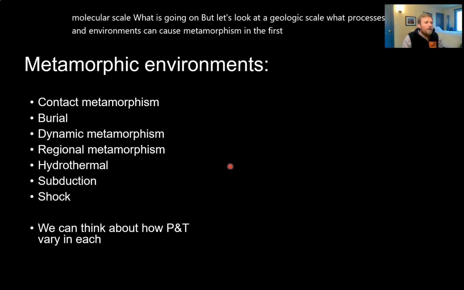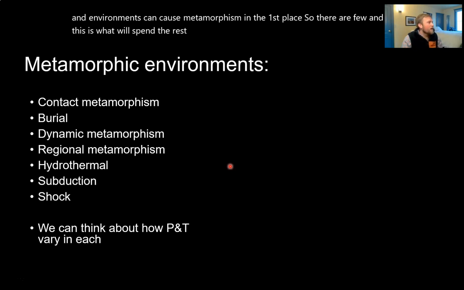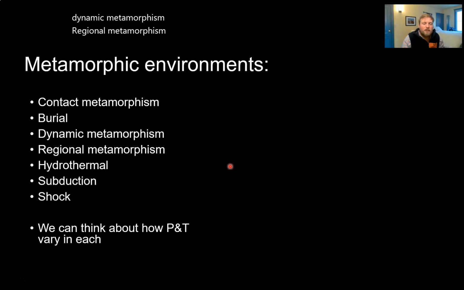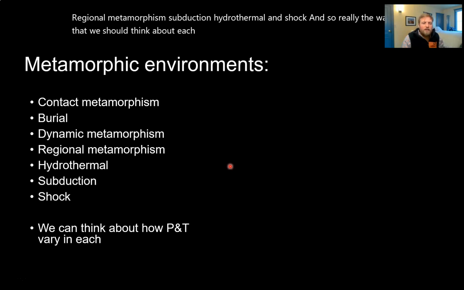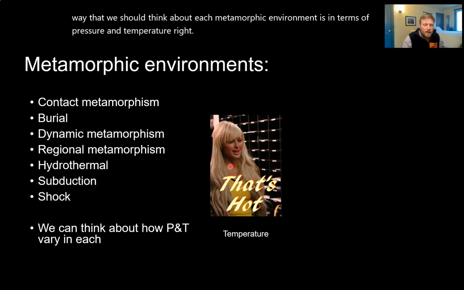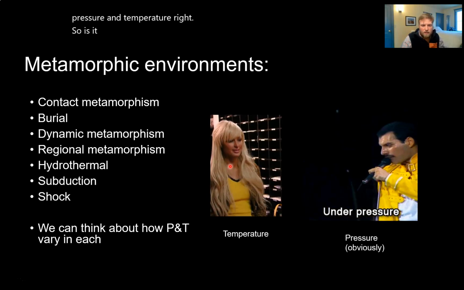So there are a few, and this is what we'll spend the rest of the lecture discussing: contact metamorphism, burial, dynamic metamorphism, regional metamorphism, subduction, hydrothermal, and shock. And so really, the way that we should think about each metamorphic environment is in terms of pressure and temperature, all right? So is it hot and is it under pressure, all right?